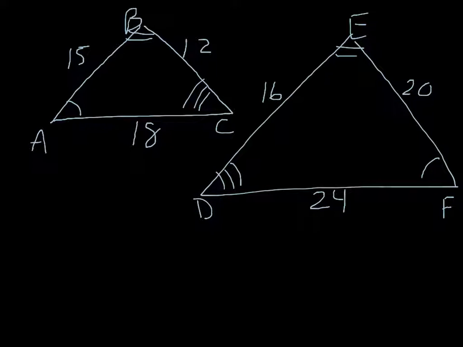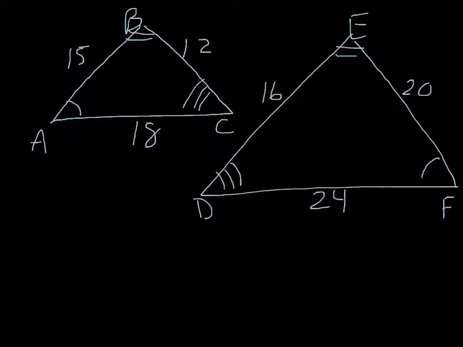Yes, because angle A is congruent to angle F, angle B is congruent to angle E, and angle C is congruent to angle D. So I do have three sets of corresponding angles. The question is, do the corresponding sides form a proportion?